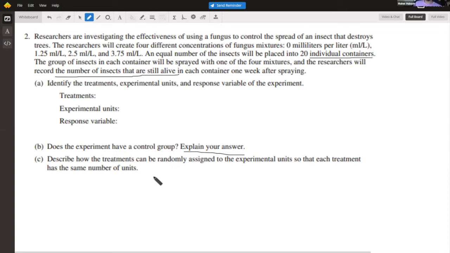Oh, you kind of have to do the random number generator and then give everything a label, 1 through 20, and then the first 5 that are picked are going to go in the first group, and the second 5 that are picked can go in the second group, and so on, as long as you make sure that if you get the same number again, you just skip it.